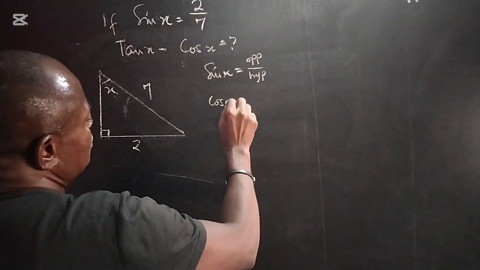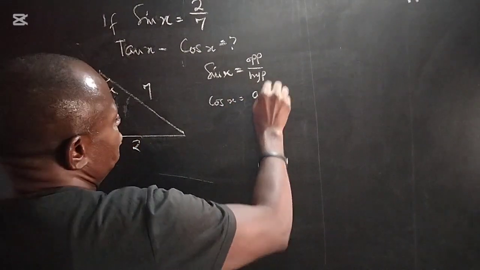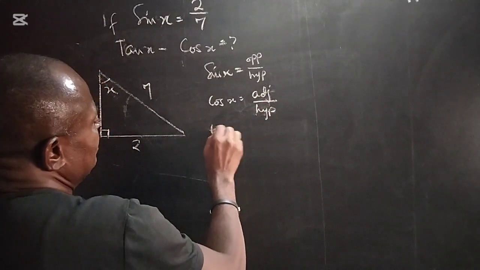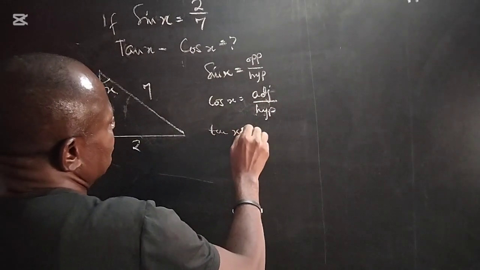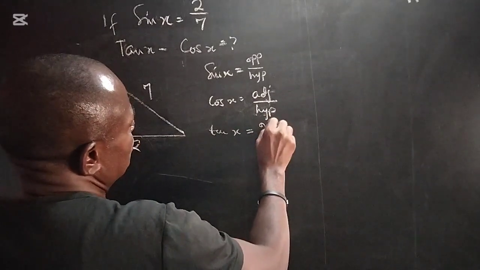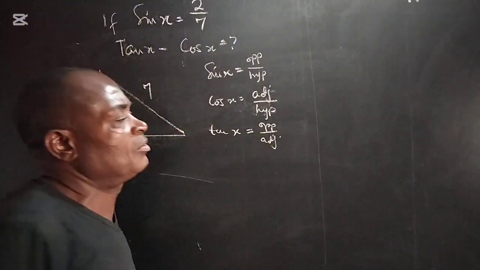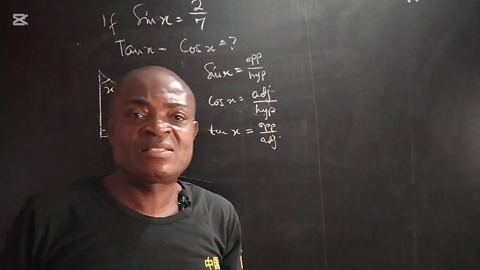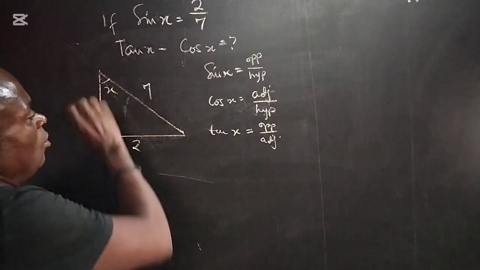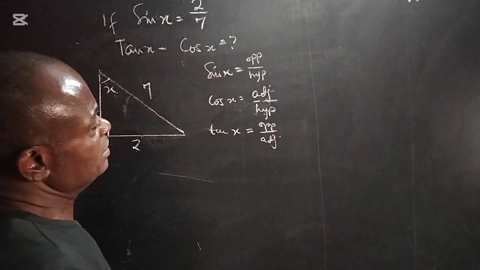In the same way, our cos x is adjacent over the hypotenuse. And then our tan x is going to give us opposite over adjacent.